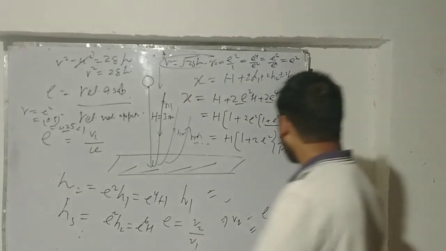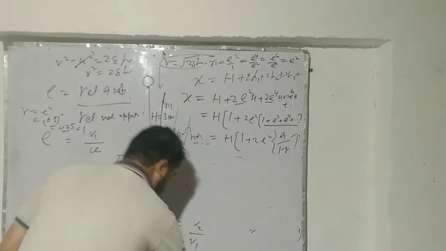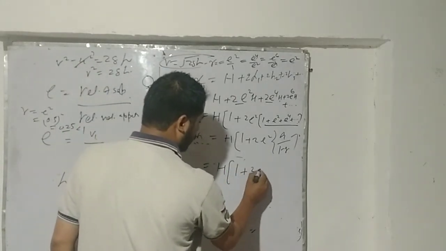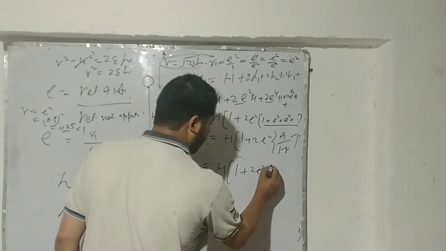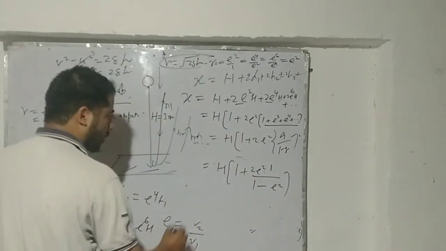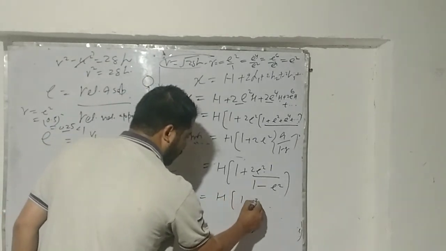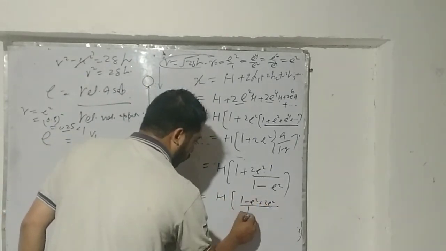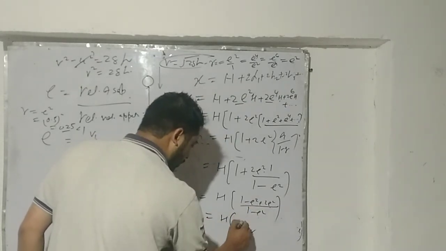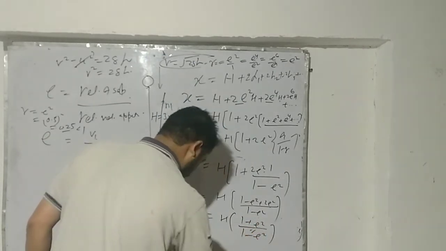So for this, what I will get is h times 1 plus 2 e square over 1 minus e square. Yes, a is simply 1. So it will be h times 1 minus e square plus 2 e square over 1 minus e square, okay. So it will simply be h times 1 plus e square over 1 minus e square.